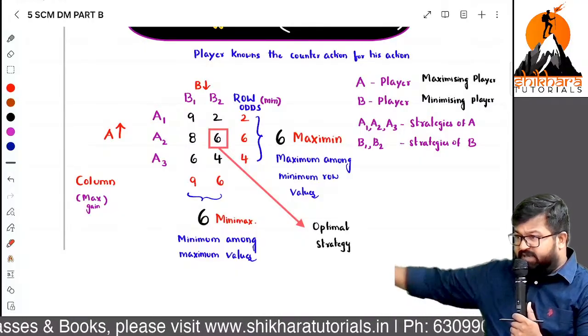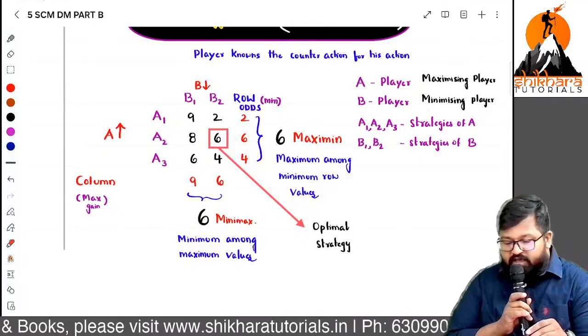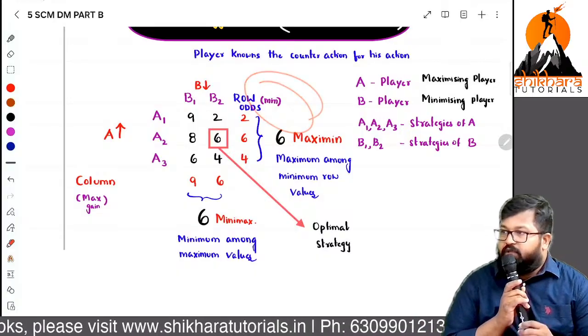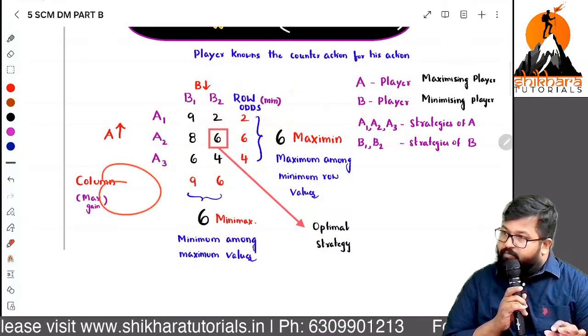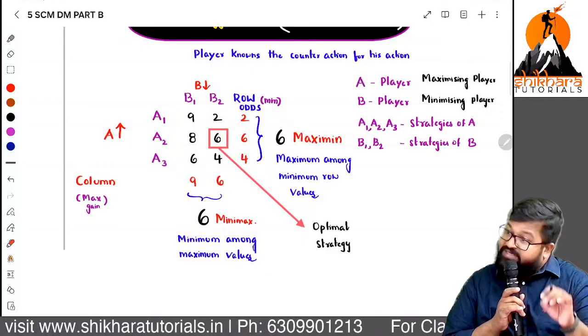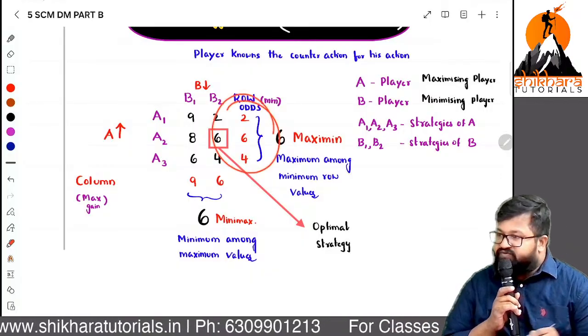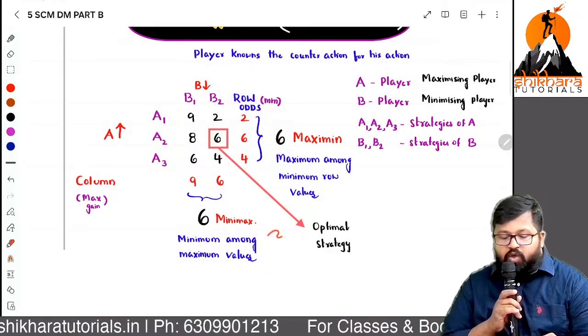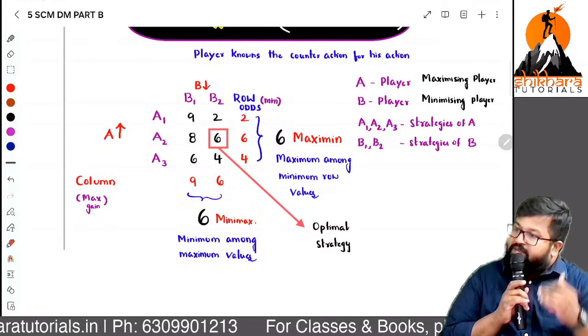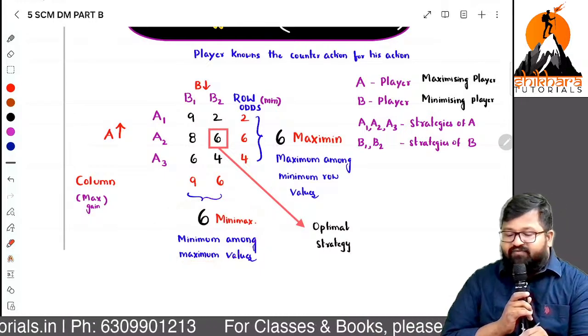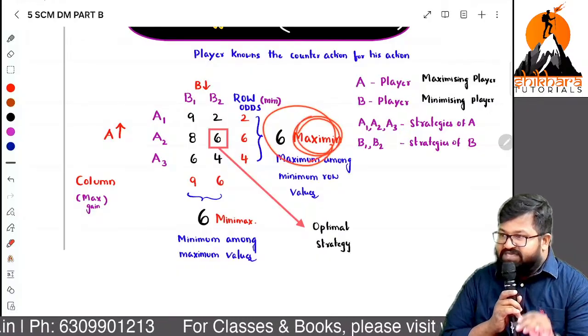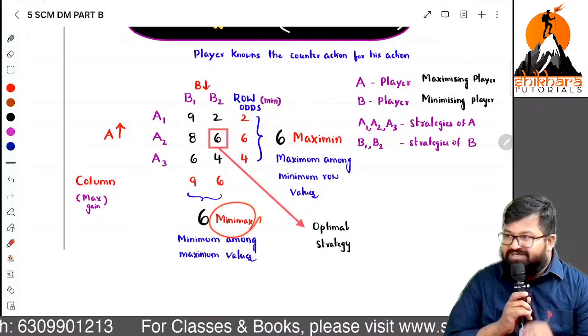So we have done these basic parts. Here we are identifying the row minimum values, and here the column maximum values. Of the row minimums we are taking the maximum value. Of the column maximums we are taking the minimum value. This maximum value is known as maximin, and this value is known as minimax.